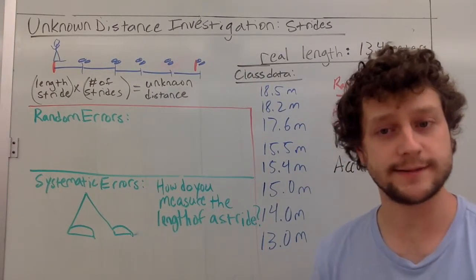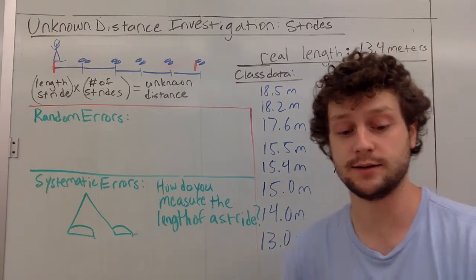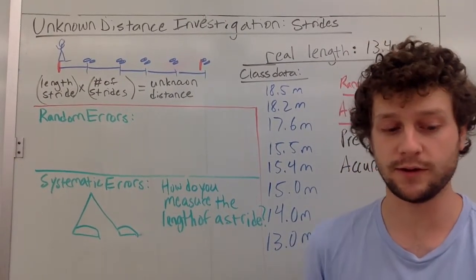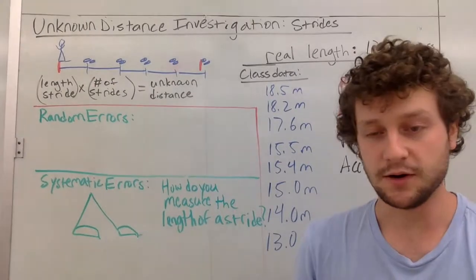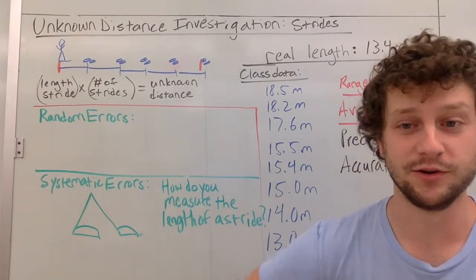The first thing you did in this section on measurement was measure an unknown distance. That was your investigation, and if you did a good job going through that, that's great, because you're going to have data to compare with what I'm going to show you right now.